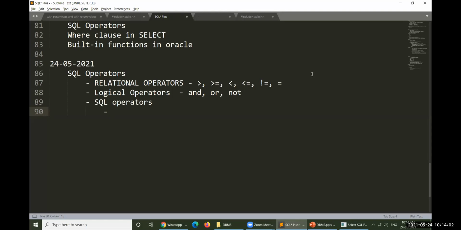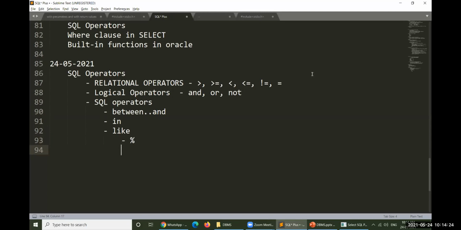First one is BETWEEN AND. Second one is IN. Third one is very important: LIKE will take two more internal operators. Number one is percent.